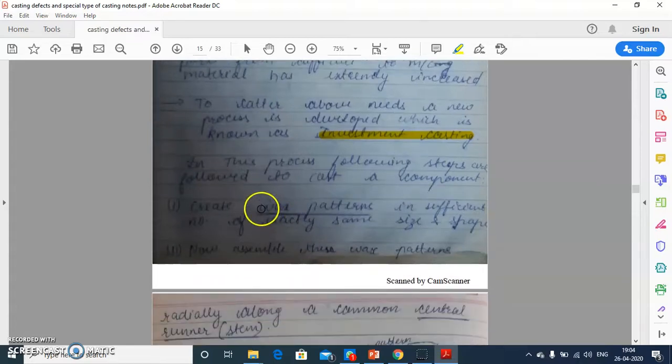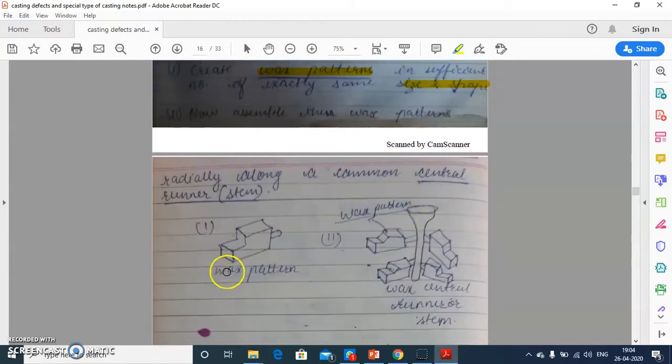First, create the wax pattern in a sufficient number, of exactly the same size and shape. This is a wax pattern; we have to make a number of wax patterns like this, but the size and shape of all the wax patterns should be the same.